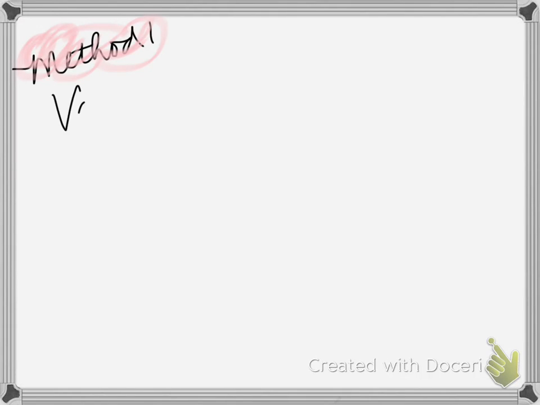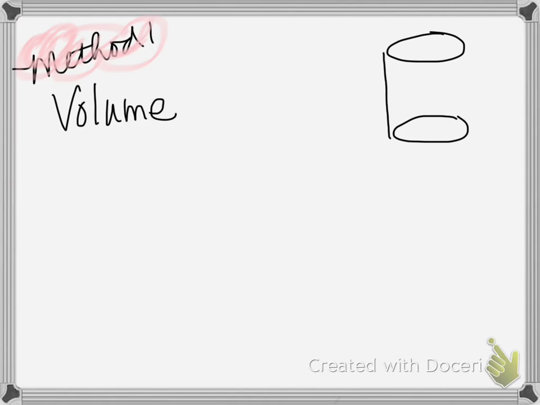We want to find the volume of a given cylinder when we know that that cylinder has a height of 5 inches and a diameter of 3 inches. So what do we want to do?